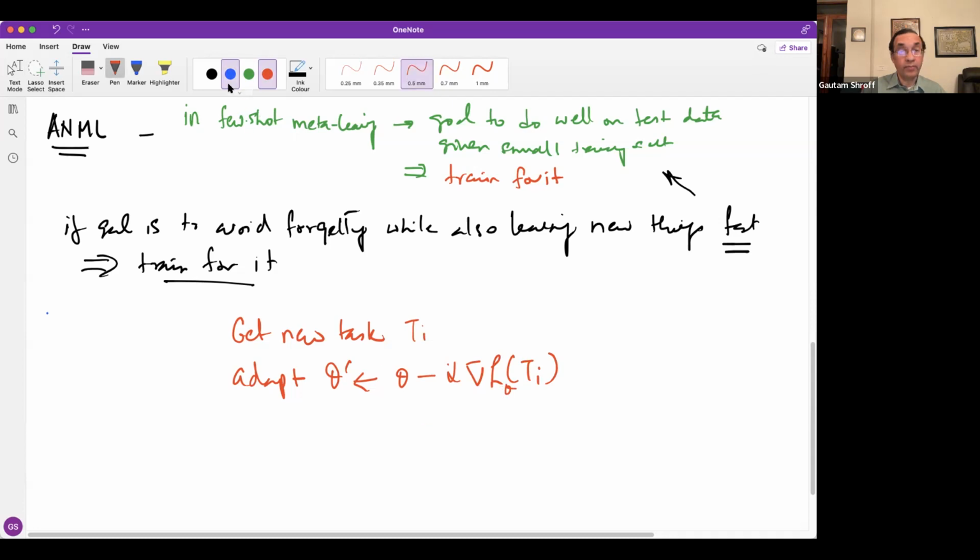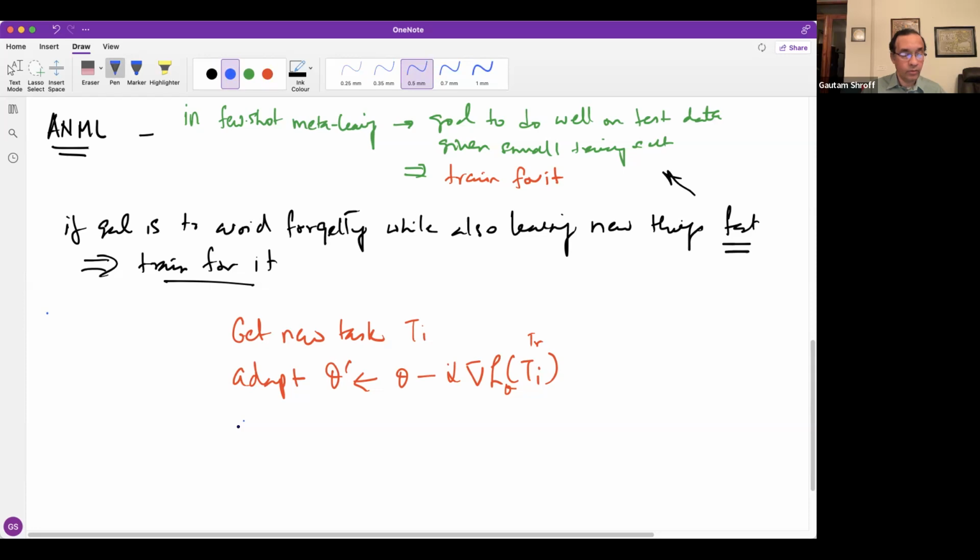This loss was computed on the training data for the task.